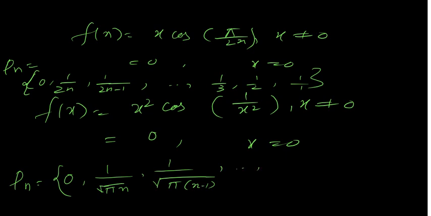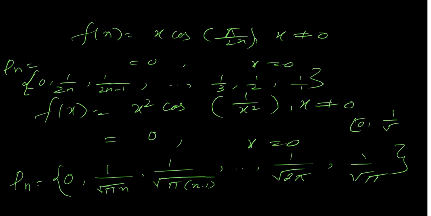You choose 1 by root of 2 pi, then finally you choose 1 by root of pi. Okay, let's choose this partition of the interval 0 to 1 by root of pi.